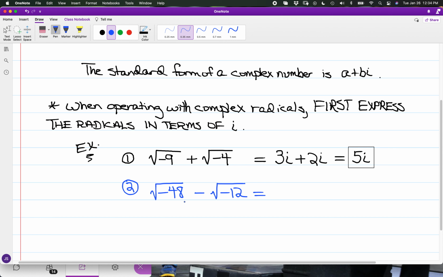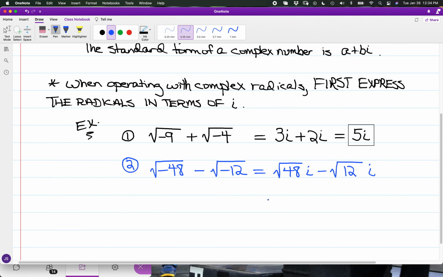Now we don't have perfect square numbers, or the opposite sign of perfect squares, inside the radicals, but we will be able to reduce. So for the square root of -48, we have the square root of 48 i, minus, for the square root of -12, the square root of 12 i. Again, 48 and 12 are not perfect square values, but we can reduce these.